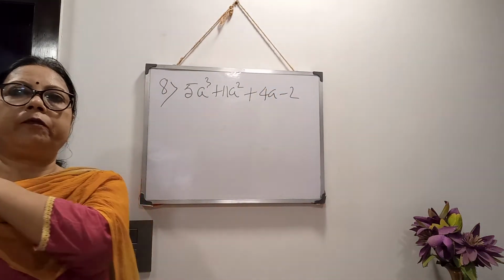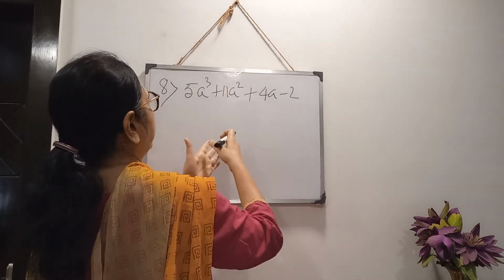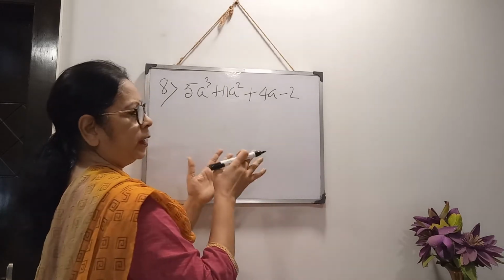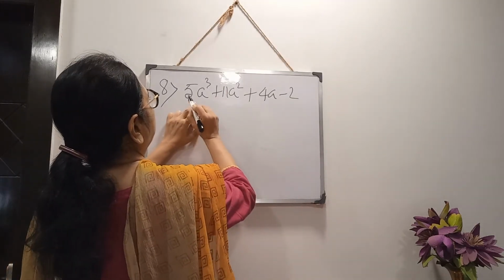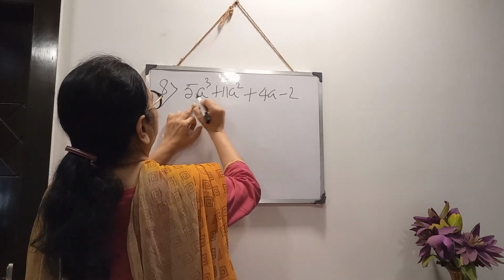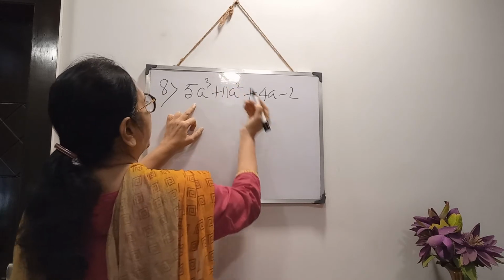Now what will be your first step? You have to put a equals to something. First plus 1, then minus 1, then plus 2, minus 2, etc., in this way. So plus 1, here 3 terms are plus. So by putting plus 1, it will not become 0. So think about minus 1.